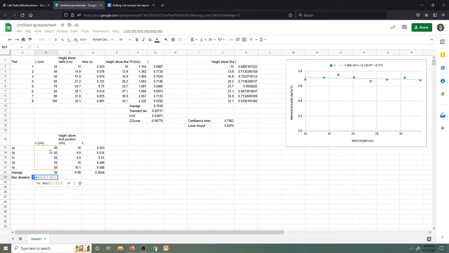So it's going to be 30 minus 30. This one is 10.1 minus 9.9. And here the biggest is 0.516 minus 0.495. Okay, did I do something wrong there?